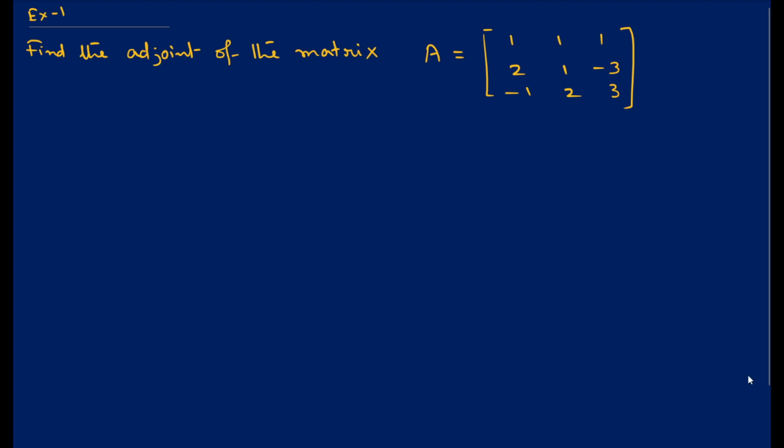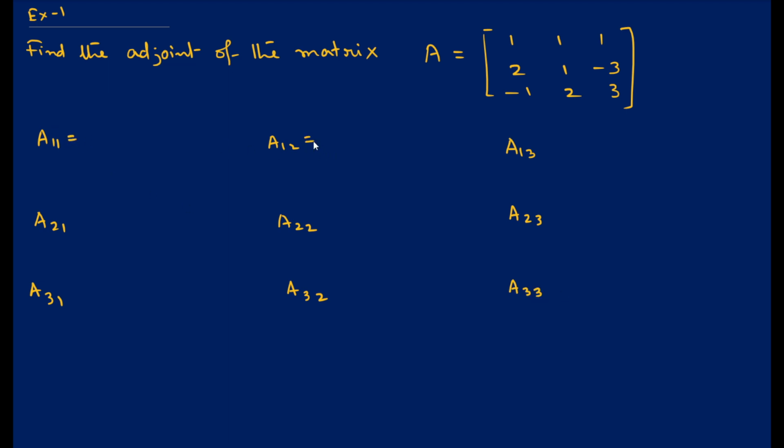Okay, so let us take a 3x3 example. So now we'll find the adjoint of this particular matrix, which is a 3x3 matrix. So first हमें क्या करना होगा? We'll write the cofactors A11, A12, A13, then A21, A22, A23, and then A31, A32, and then A33. Okay, since these are cofactors, you have to write minus 1 to the power 1 plus 1.